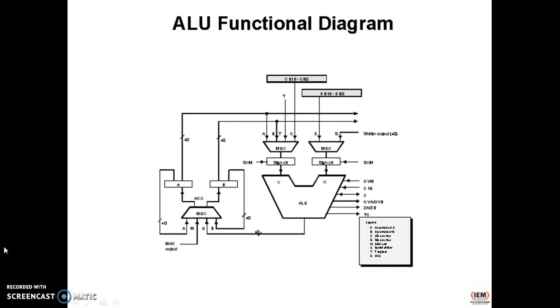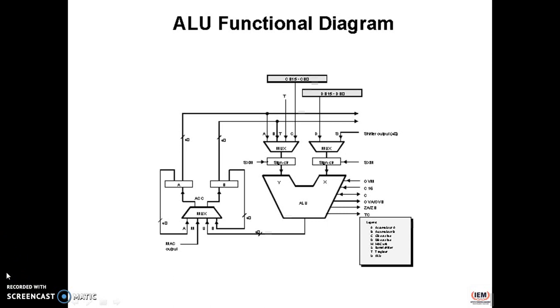The on-chip multiplier allows the C54 series to perform operations efficiently such as convolution, autocorrelation, correlation, and filtering, etc.